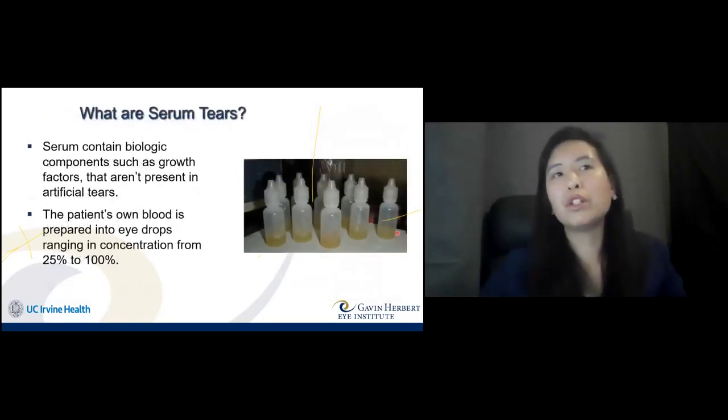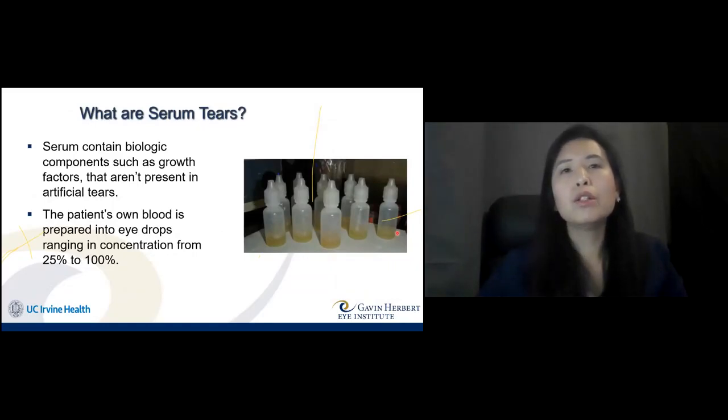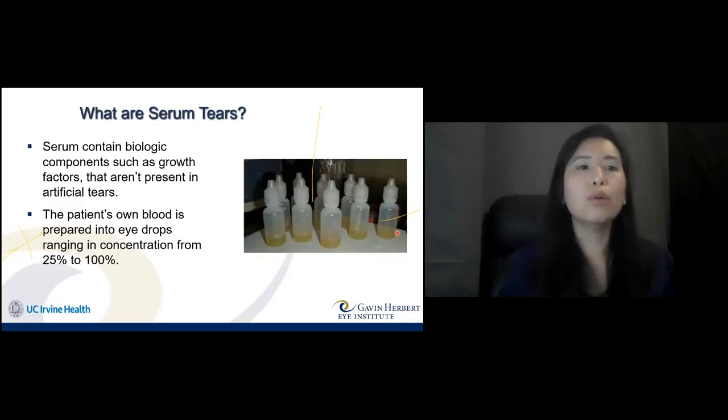And has anyone ever heard of serum tears or autologous serum or serum drops? So the idea behind this is that while artificial tears are readily available and they're easy to get and they supplement the lack of normal tears that your eye is missing, the artificial tears will never have the biological properties that normal healthy tears have in being able to help promote regeneration of the corneal epithelium, or having growth factors or anti-inflammatory or antimicrobial properties.